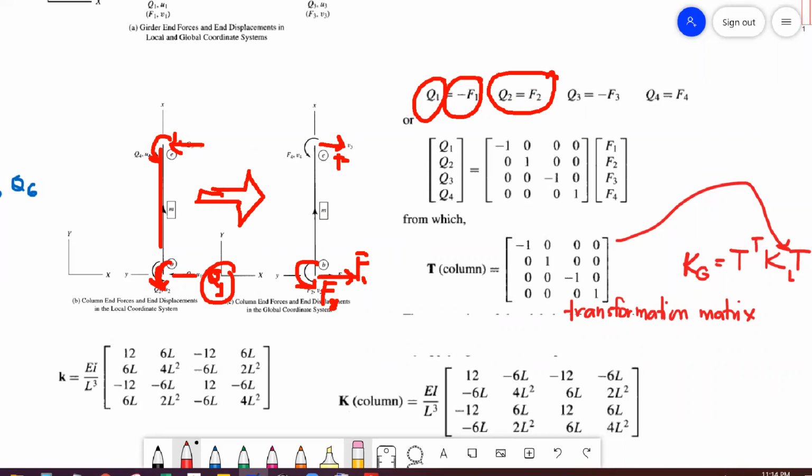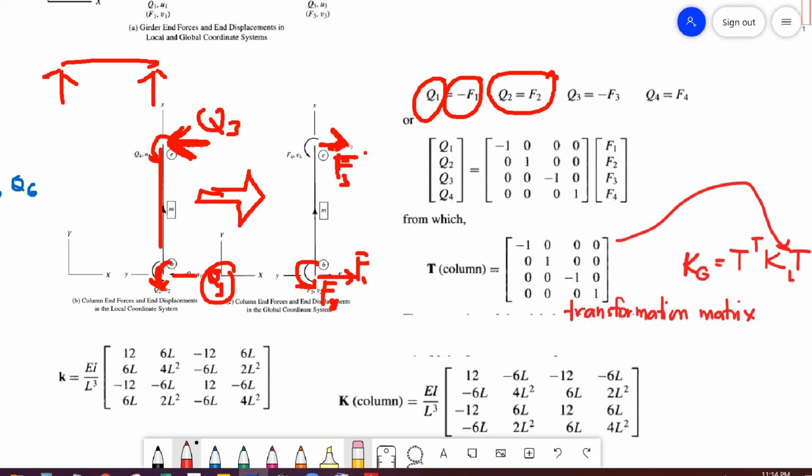How about Q3? Q3 here is going to the left, because remember this is the original local member forces in our beam, right? Then when you twist it 90 degrees, your Q3 will be like this one. Now this is our global F3.